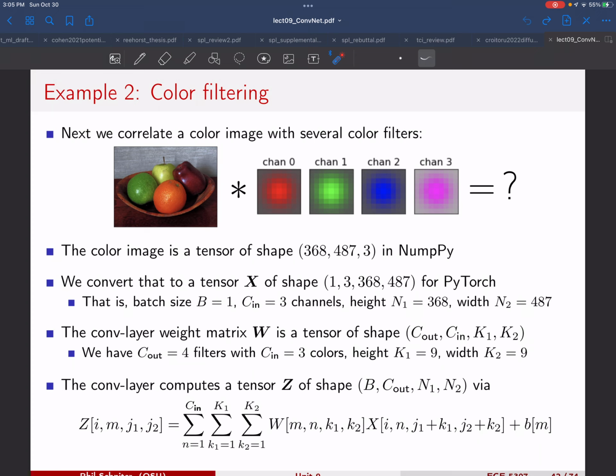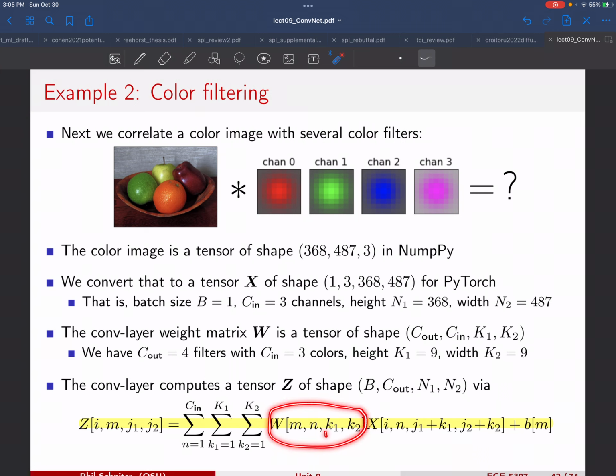And let's remember that a convolutional layer does this operation here at the bottom of the screen. It takes in this input tensor, and it does a combination of convolution spatially, as well as something like matrix multiplication over the different channels, going from the input channels to the output channels. Another way to say it is, for every unique combination of input and output channel, there is a separate convolutional kernel.